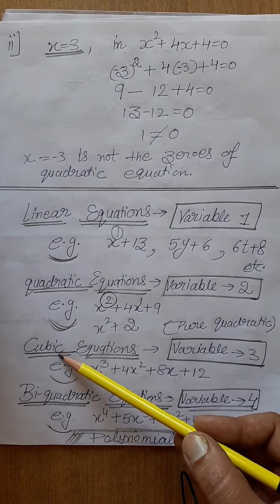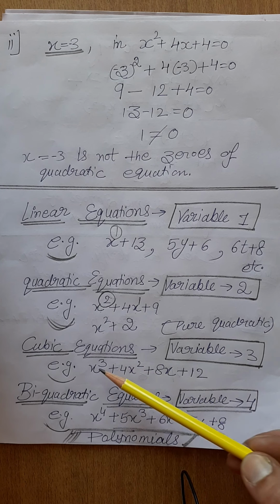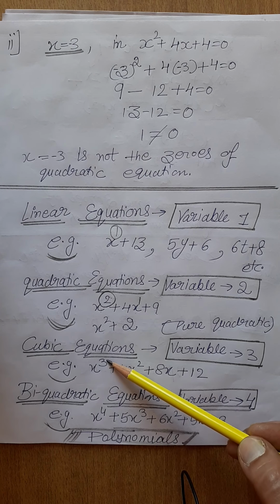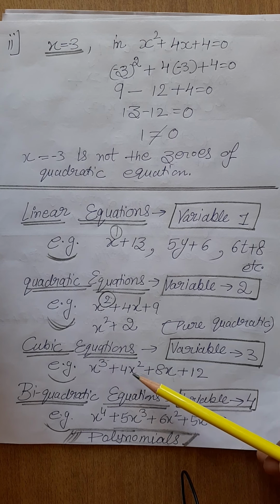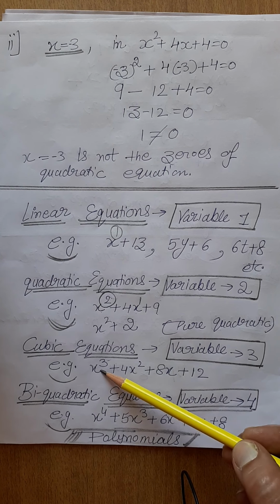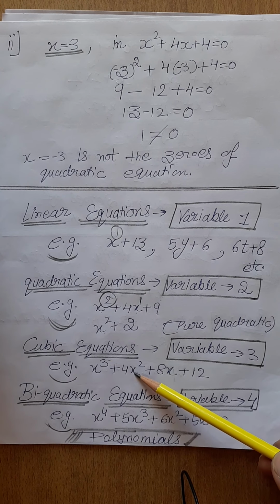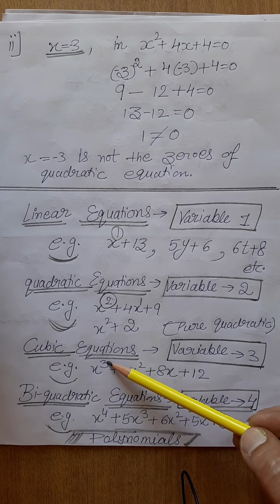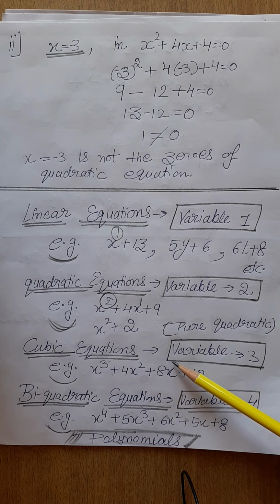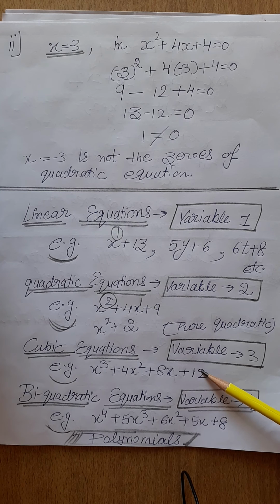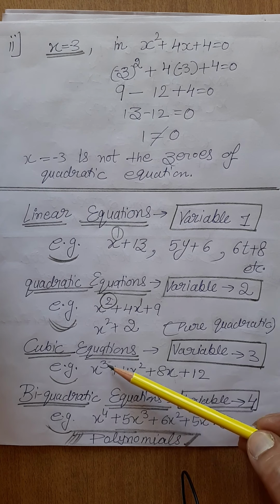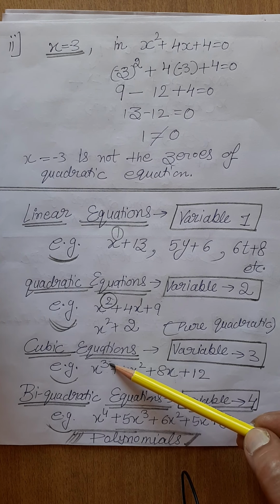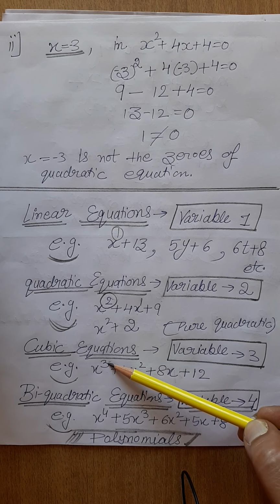Now, what is cubic equation? In which the power of the variable is 3. And you can see that x cube, 4x square, you take any example, x cube, then x square and x to the power 1, and we get a constant term. Means highest power of the variable is 3, not coefficient, power of the variable.